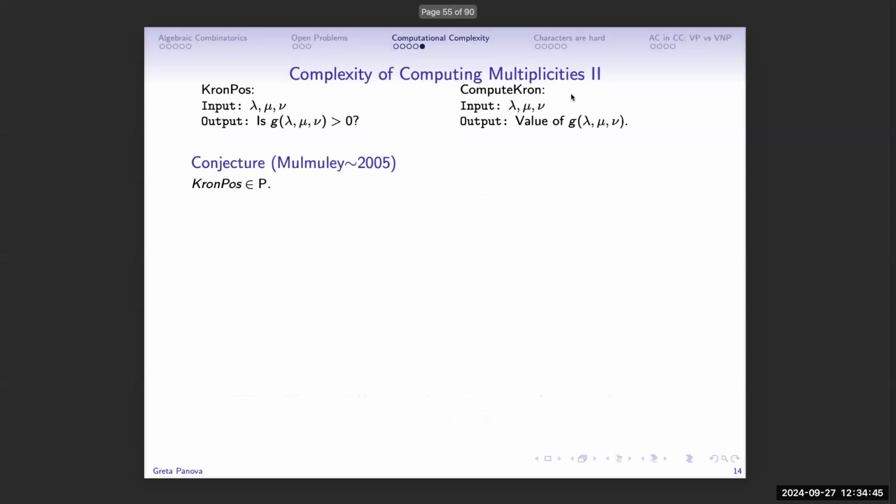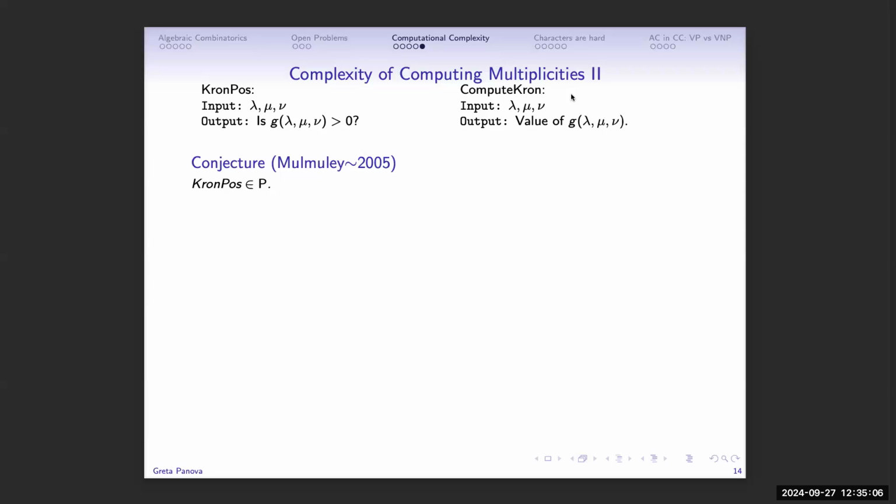Okay, so now about Kronecker that I just mentioned. The whole framework here is built around understanding Kronecker. First of all, Mulmuley, who was actually the father of this geometric complexity theory, had Kronecker coefficients showing up in the various computations he needed to do.